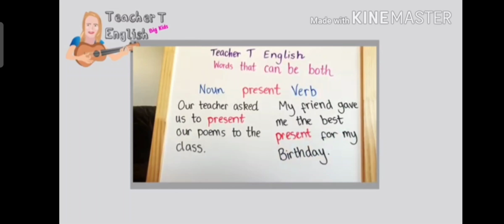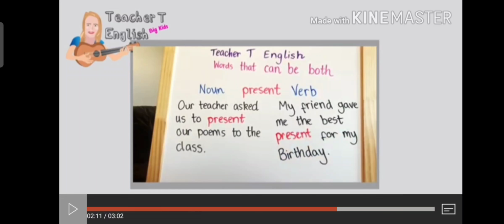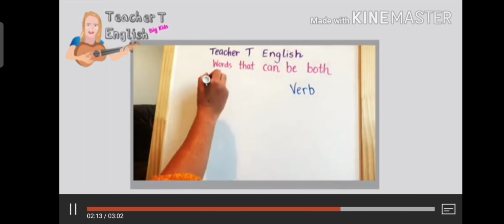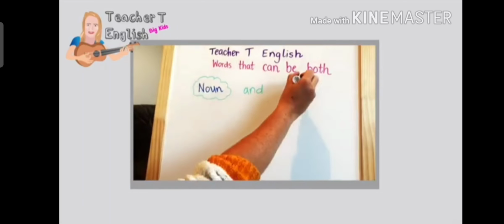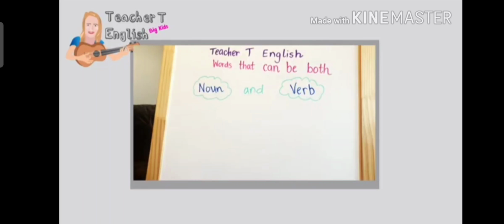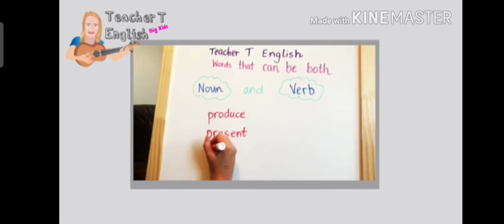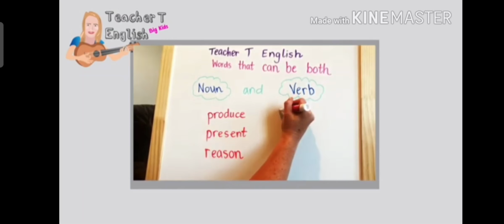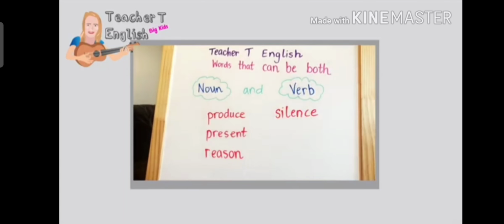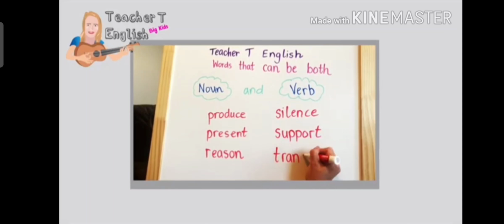So dear students, this is how we use one specific word in both sentences, noun and verb. We have many such words which we can use in both parts of speech, noun and verb. Few words are given over here. You can try these words in your grammar notebook and frame sentences with the help of these words, both noun and verb sentences.